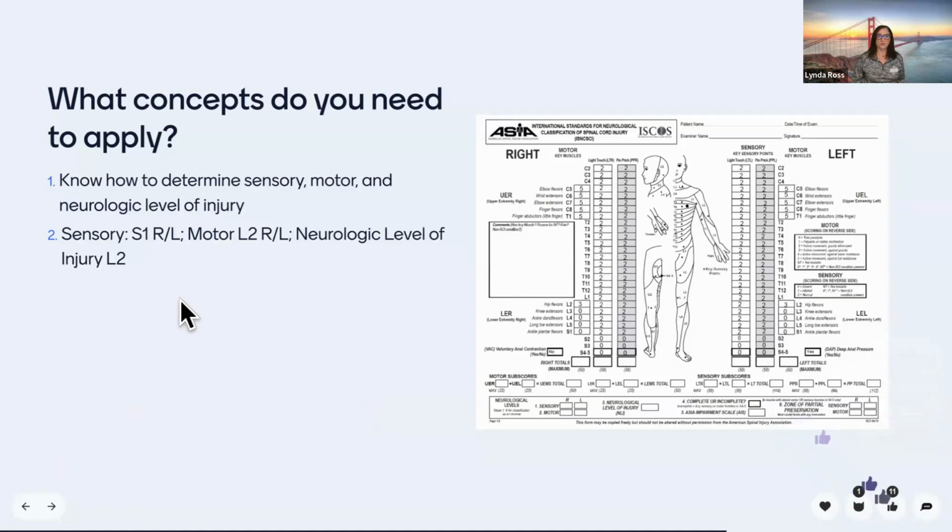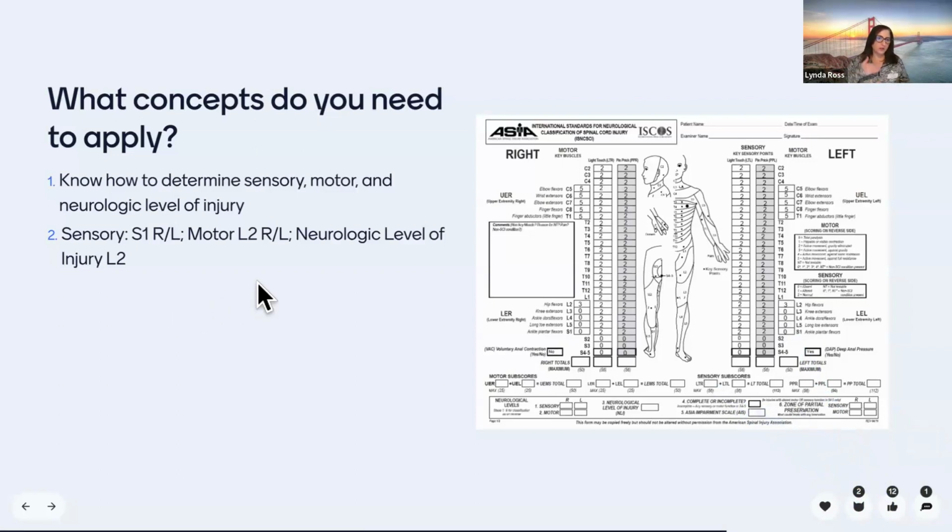Then the motor should be L2, right and left. And the neurologic level of injury is going to be L2, right? We take the lowest, the most intact level.